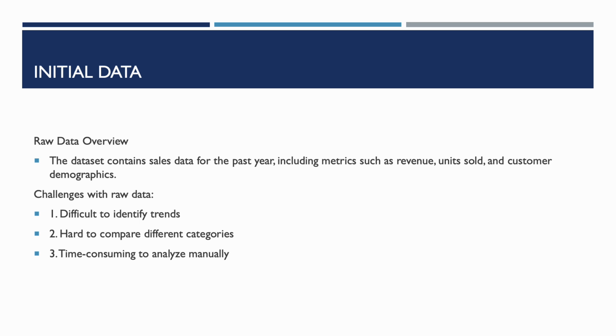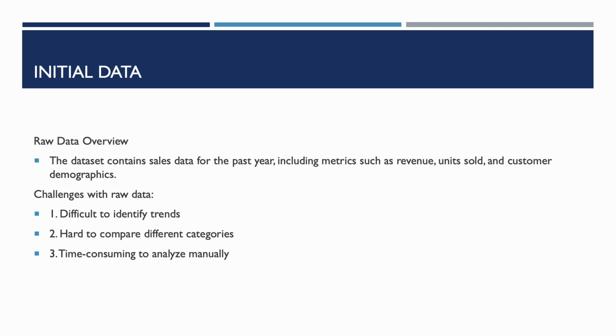So the first challenge is that in its raw state, it can be challenging to spot trends over time. With rows upon rows of figures, it's hard to see the bigger picture, whether sales are increasing, which products are performing well, or if there are seasonal trends that need attention. Second, it's hard to compare different categories.